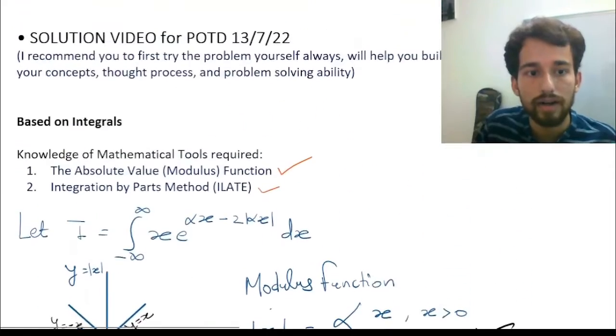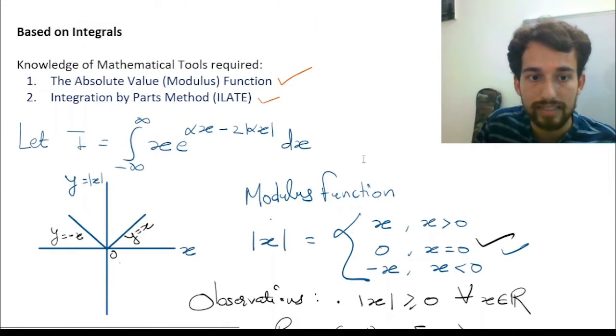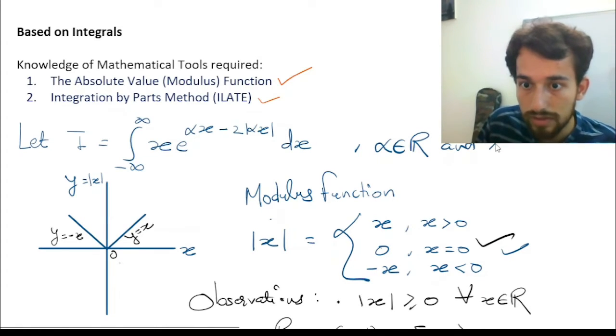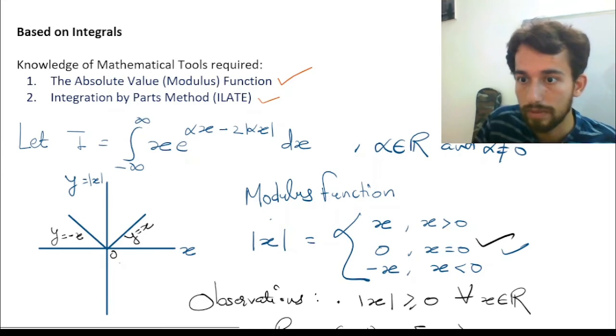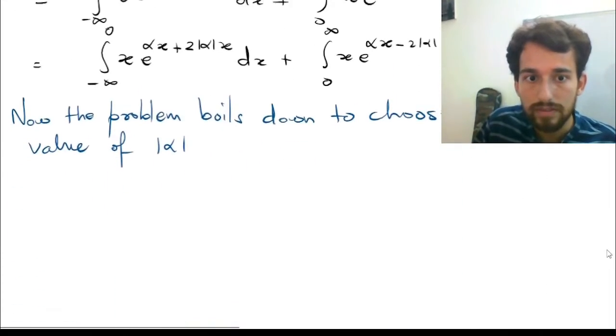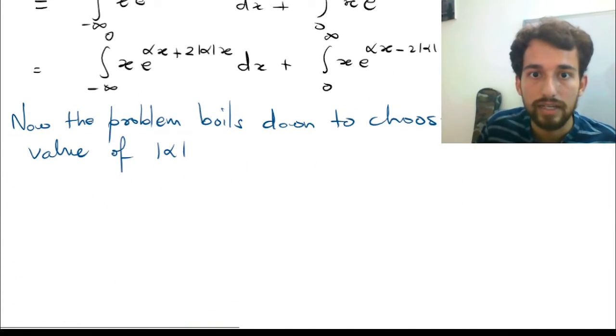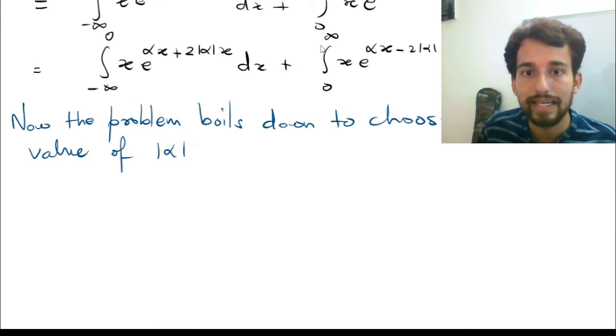But remember, if you observe here, yesterday in the problem I mentioned that my alpha is in R and this alpha is non-zero. This I mentioned, if you remember. So using the definition, I have to consider only the two possible cases.